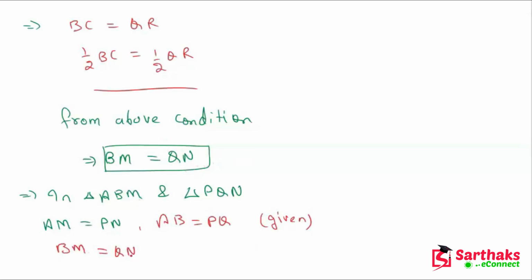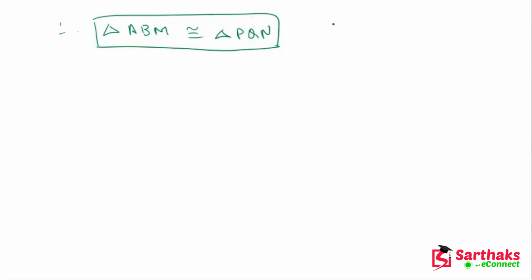We have already proved this condition. So we can say that triangle ABM is congruent to triangle PQN by the SSS congruency rule. I hope you understand these things.